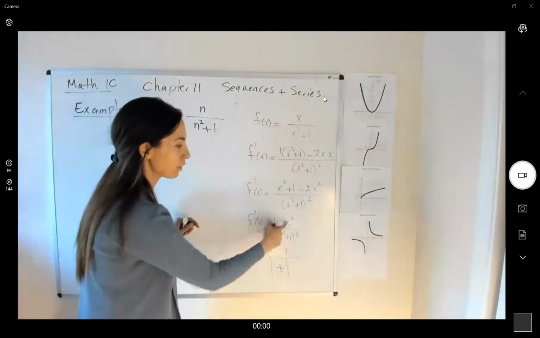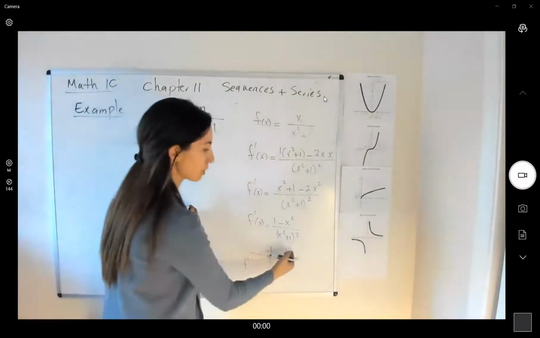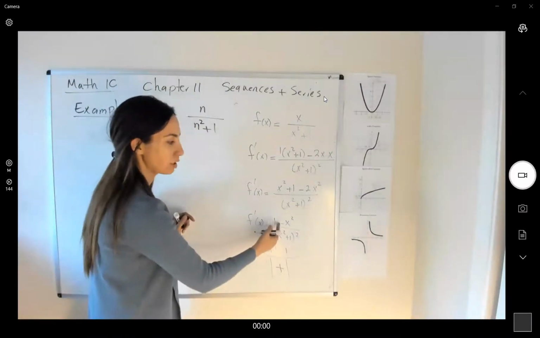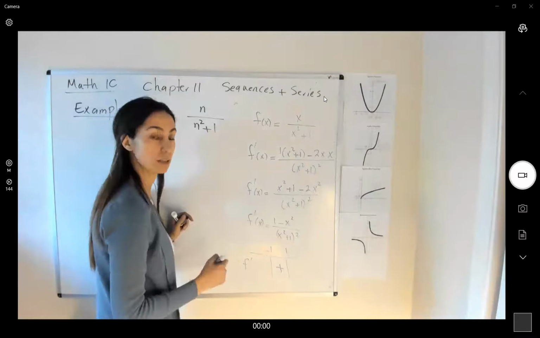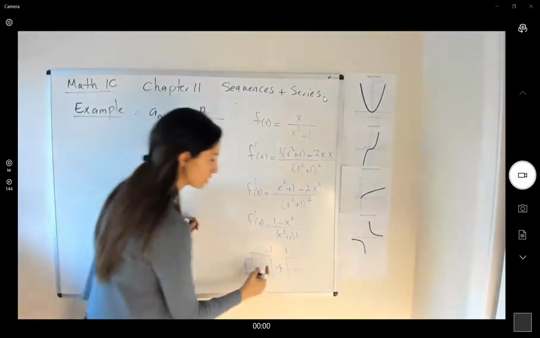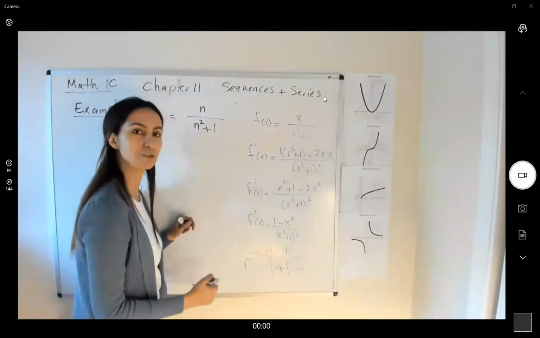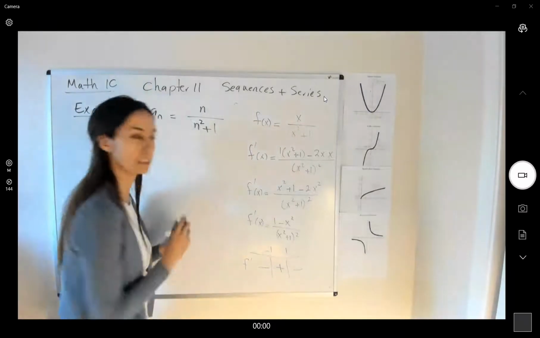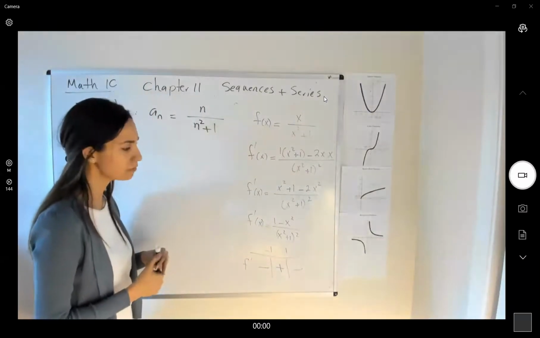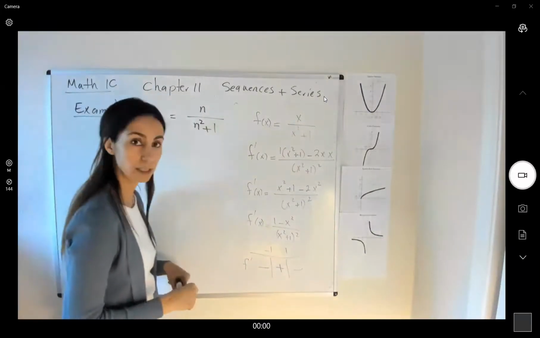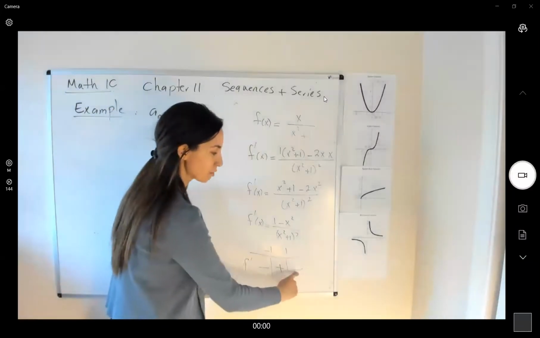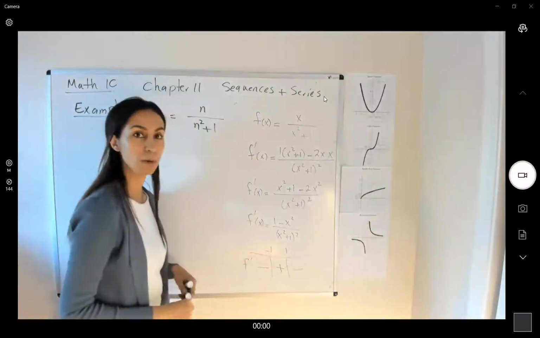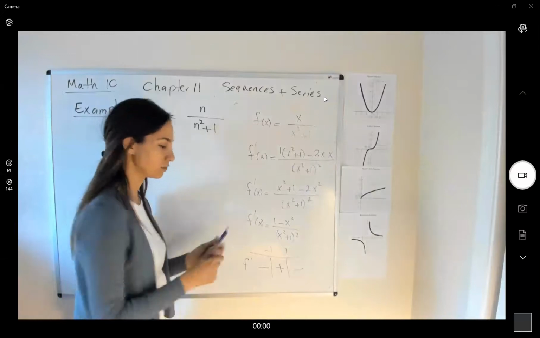If you plug in, for example, 2, which is a number greater than 1, you get 1 minus 2 squared, negative. And if you plug in, for example, -2, you get the same negative sign. Very well. You can say that, hey, for x greater than 1, my function is decreasing.